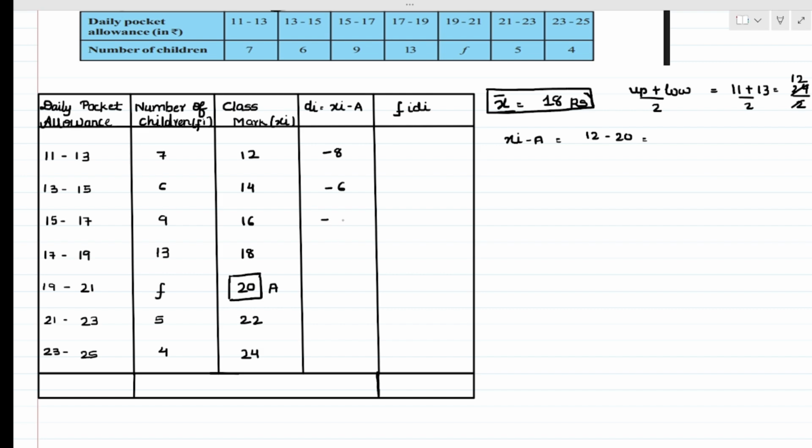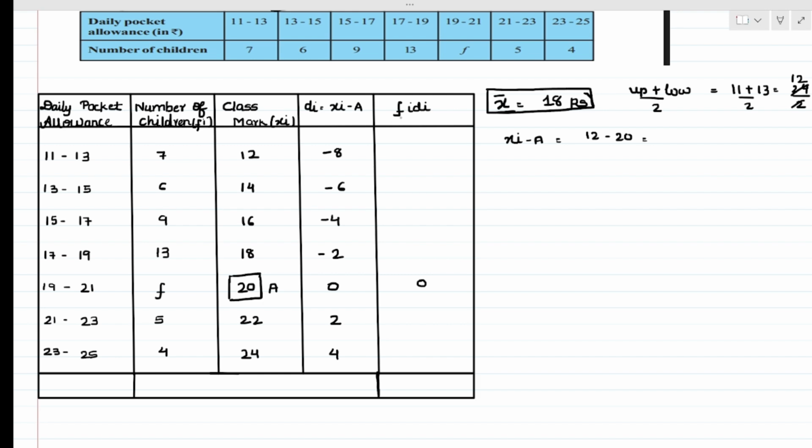Then 16 minus 20 gives you minus 4. Then 18 minus 20 gives you minus 2. And 20 minus 20 is 0. The rest of the numbers above will be negative and the others will be positive. So 22 minus 20 gives you 2 positive and 24 minus 20 gives 4 positive.